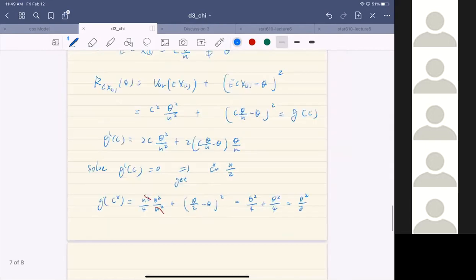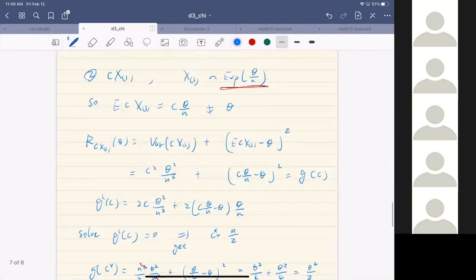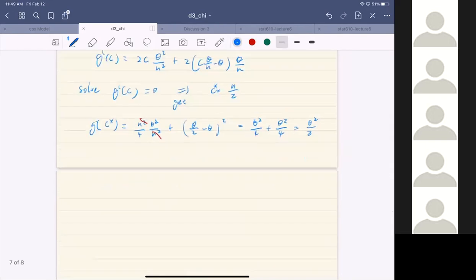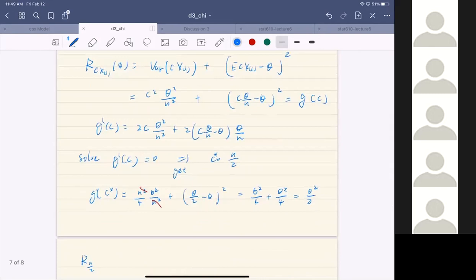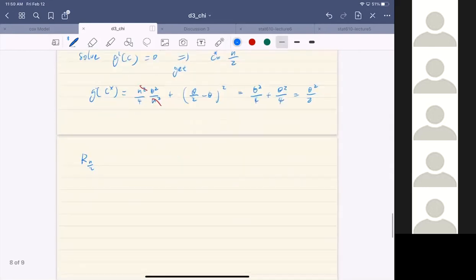Okay. So you can see that the best C is n divided by 2. The mean square error of CS1 at theta is equal to sigma square over 2. And for the S bar, it is equal to sigma square over n.